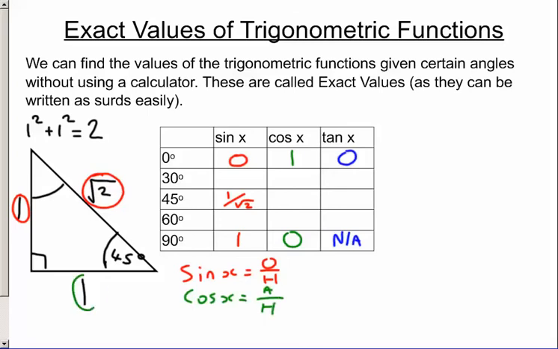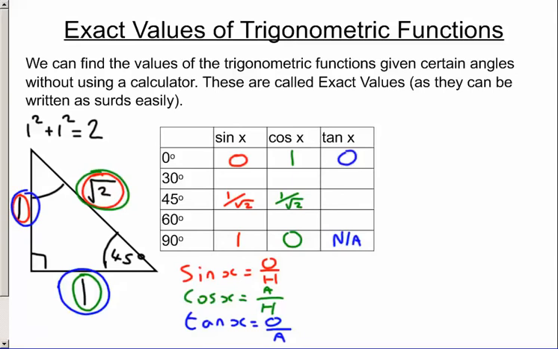So it's equal to 1 over root 2. So it's also equal to 1 over root 2. And tan is equal to the opposite over the adjacent. So that's equal to 1 over 1. So 1 over 1 is just 1.